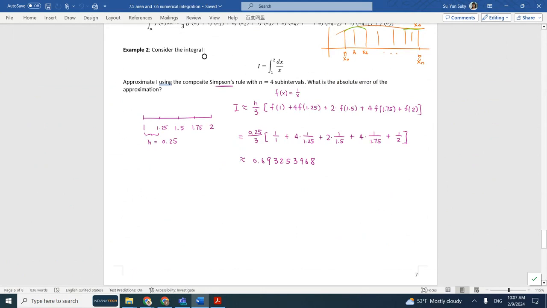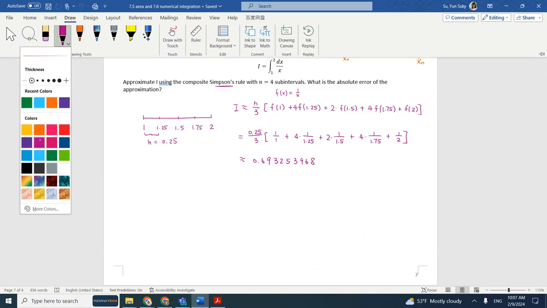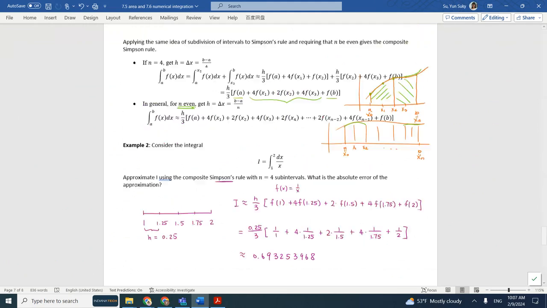Now we can find the absolute error. The absolute error is the difference between the true value and the approximation.